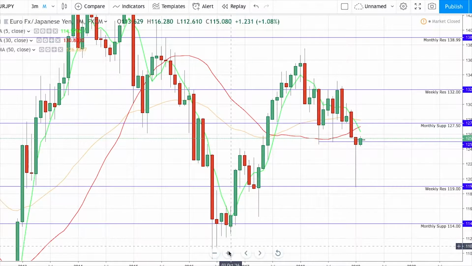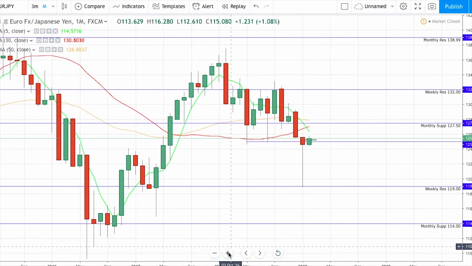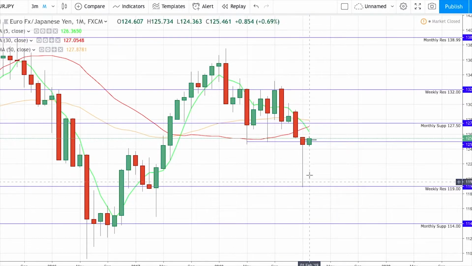Kind of following suit across AUD Japan, we had an absolutely huge wick downside, which touched the 119 key level here, which previously has acted as support.